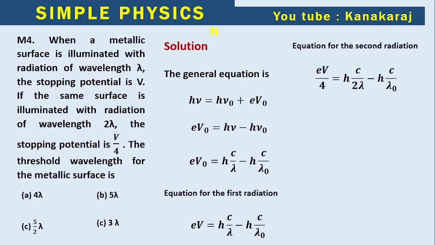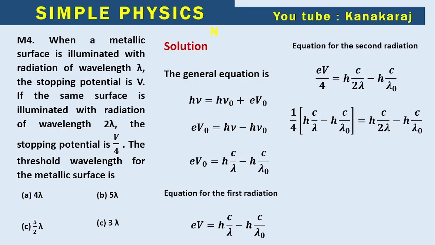Let us substitute the value of eV from the first radiation. So we get 1 upon 4 multiplied by hc upon lambda minus hc upon lambda naught equals hc upon 2 lambda minus hc upon lambda naught. The 4 on the left hand side goes and multiplies the right hand side.